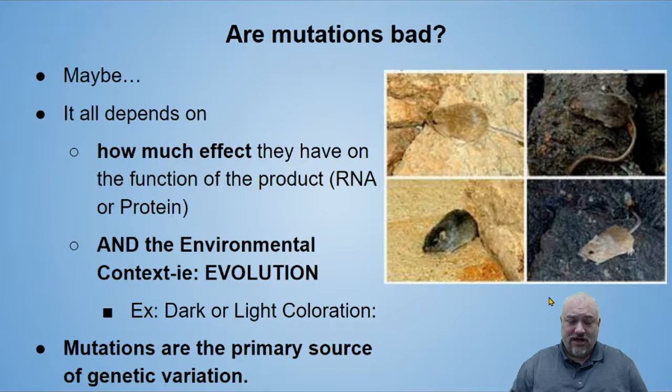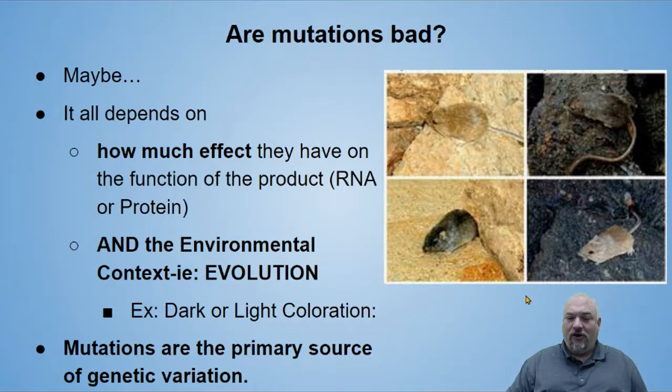If you get a change in your phenotype, if it's a major change or a minor change, that's the how much effect. If it helps you survive and/or reproduce, that's actually a good mutation. If it makes it harder for you to survive or reproduce, it's a bad mutation. If it doesn't really make any difference, which happens with mutations, especially silent ones, obviously, no big deal.